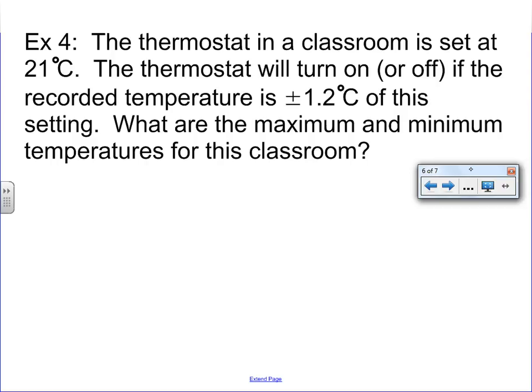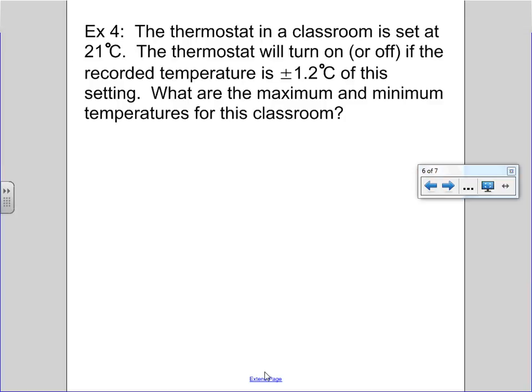Okay, so what we're going to do here is we have to set up our equation, and it is plus or minus, which means they're talking about the absolute value.